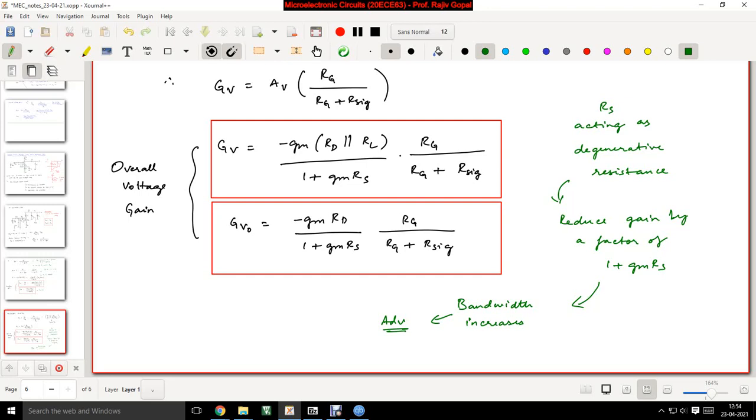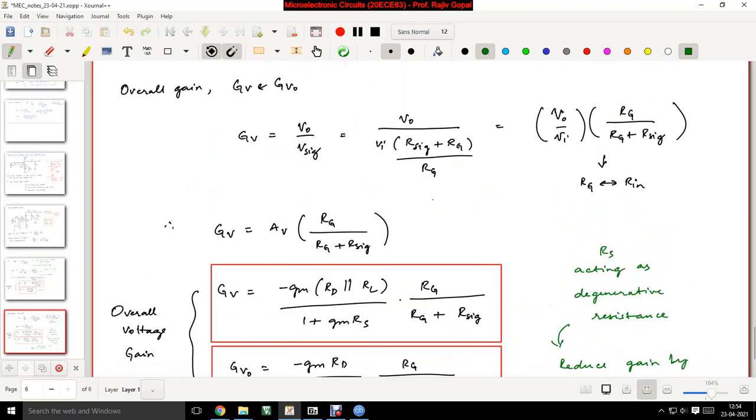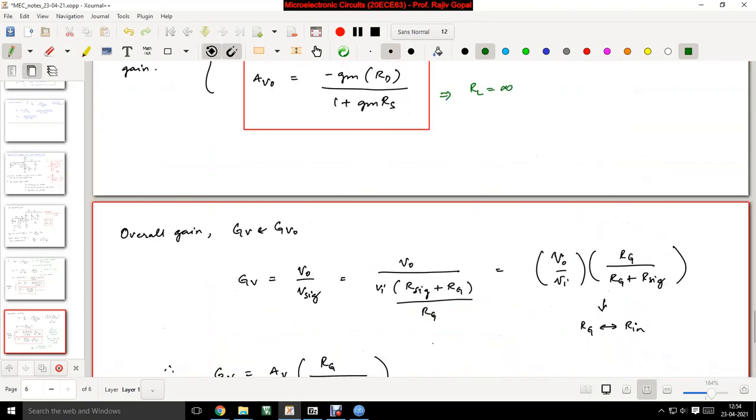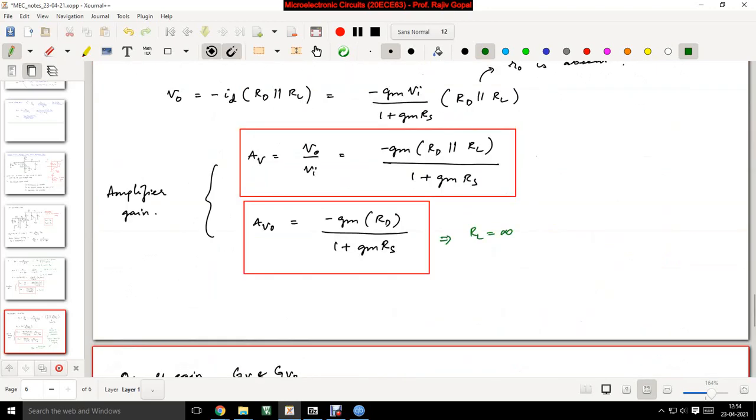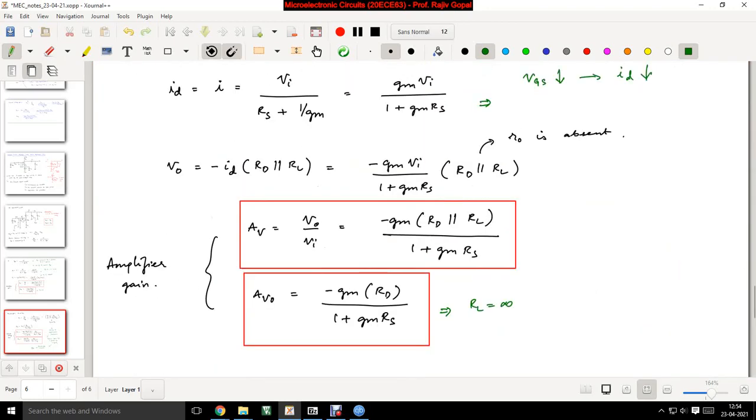Any queries till here? Another point I want to mention. If you look at the AV expression here, I can write this as a note.